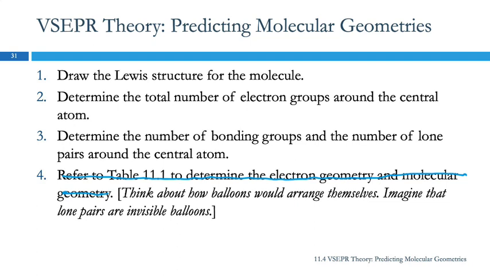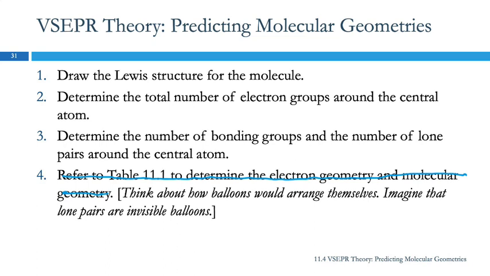It can be really helpful. How do those balloons arrange themselves? And then look at the lone pairs, and those guys are invisible. With just a little bit of attention, you can remember the names of all those molecular geometries because they are related to the shapes.